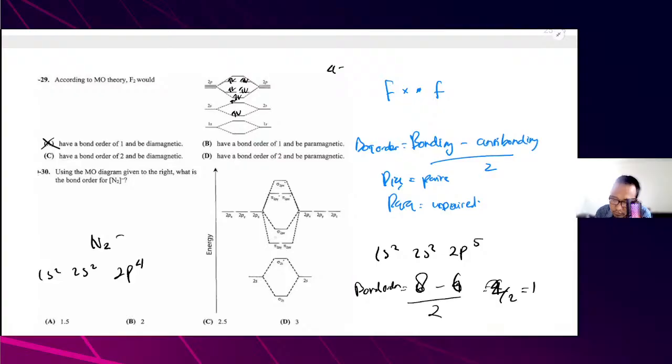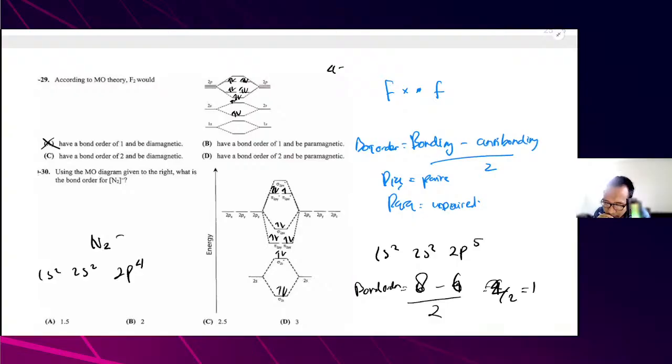Okay, now let's take a look at this one first. Just put it in over here. 1, 2, 3, 4, 5, 6. So it should be 9, right? 2, 3, 4, 5, 6, 7, 8, and then 9.